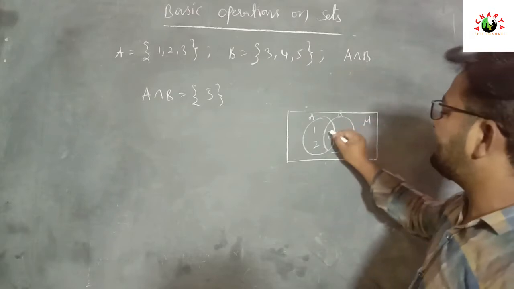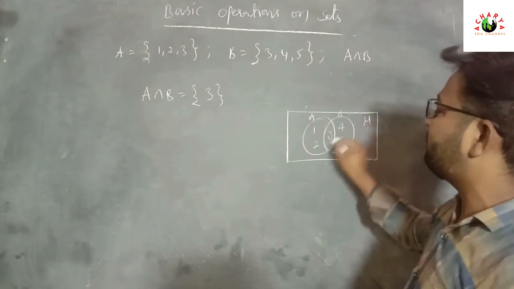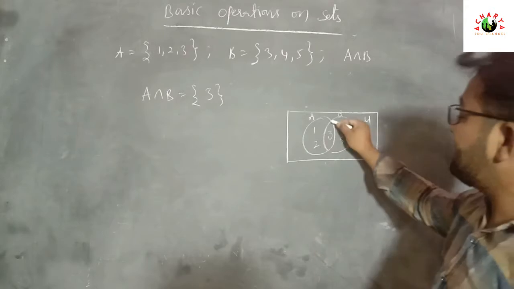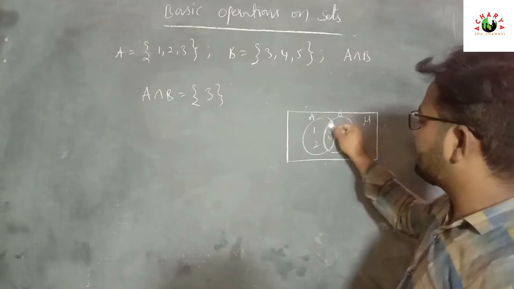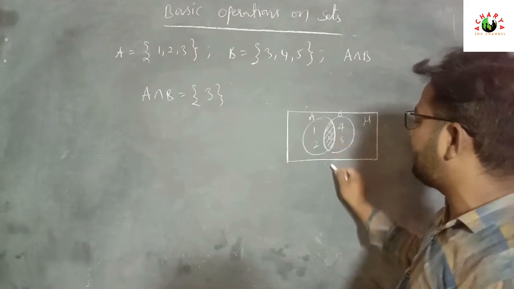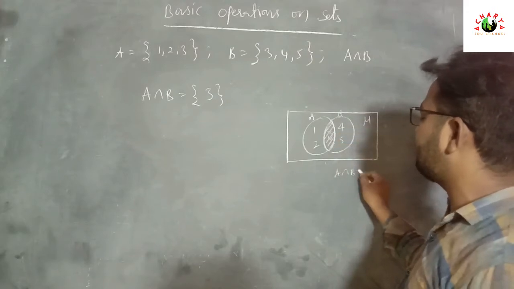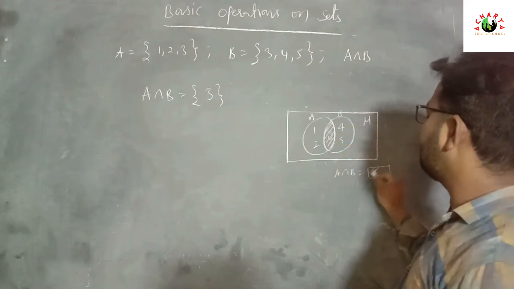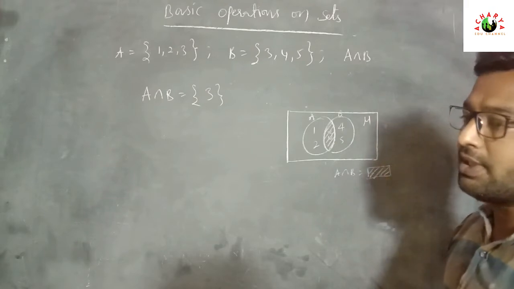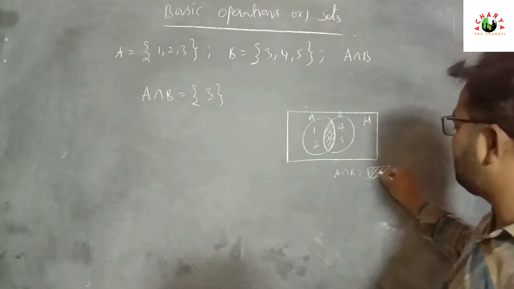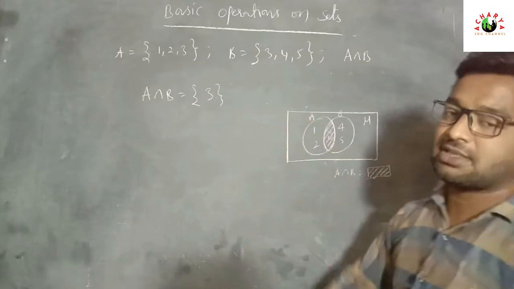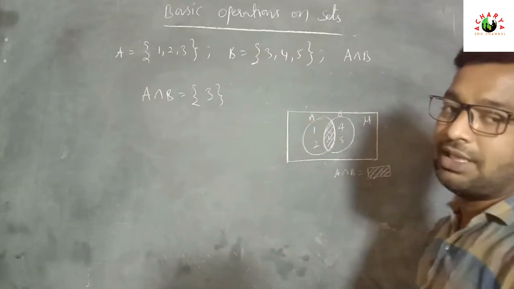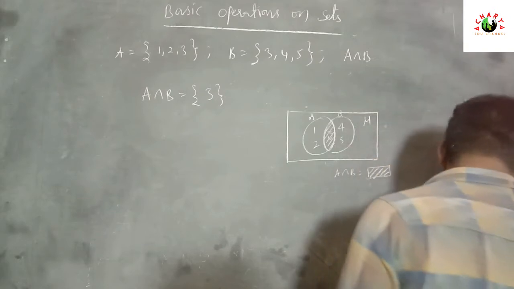In set B, 3 completed, the remaining elements are 4 5. This middle part represents the intersection, so this intersection part is shaded. A intersection B is equal to the shaded part. This shaded part represents the element 3. That is, A intersection B is equal to 3.